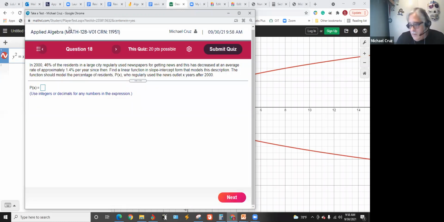All right, we're getting close here. In 2046, 46% of residents in a large city regularly use newspapers for getting news, and this is decreased at an average rate of 1.4% per year. So find a linear function in slope-intercept form that models this.